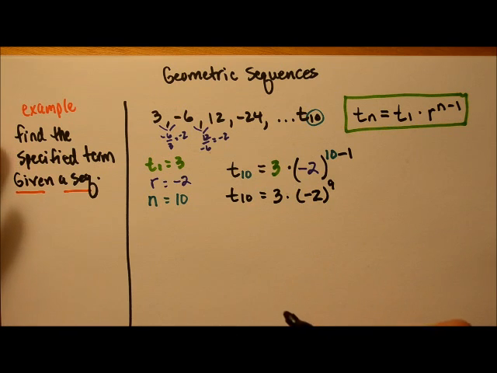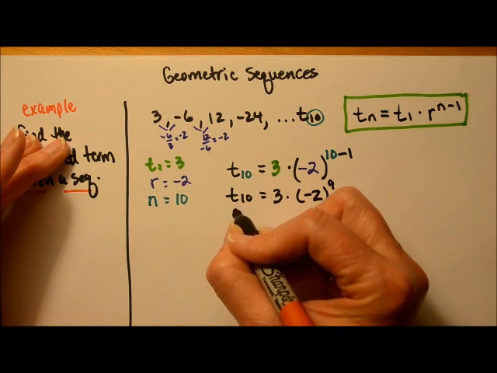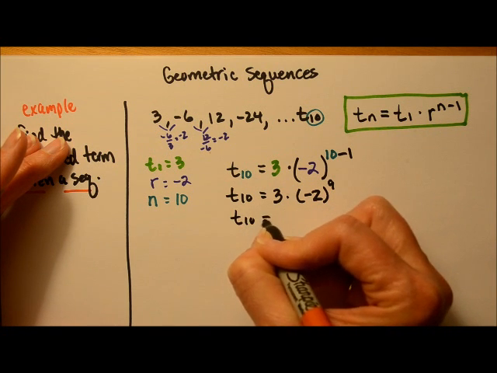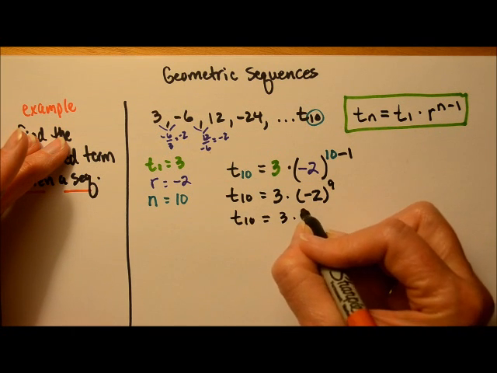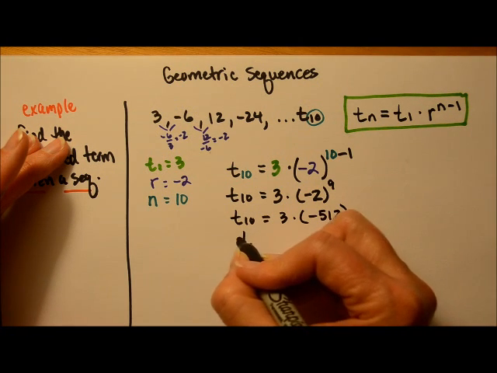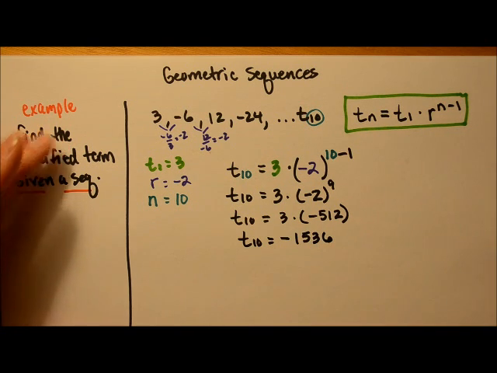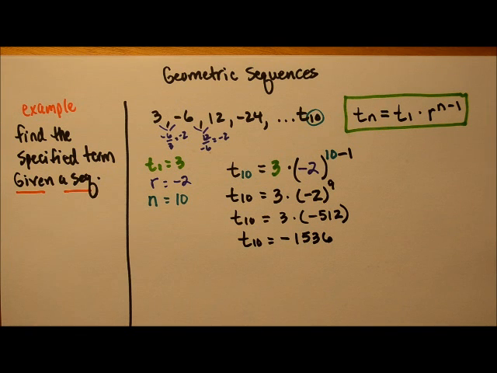Did I know that off the top of my head? No. But I do have it written down, so you would use your calculator. So T10 equals 3 times -512, or T10 equals -1536. But use your calculator for that, and you'll get it all figured out.